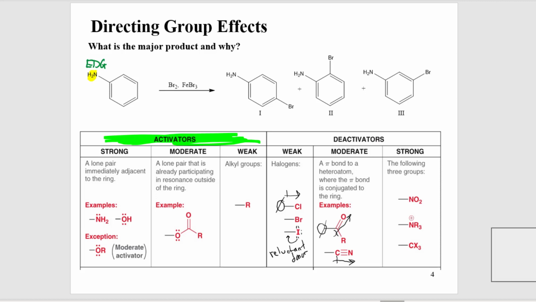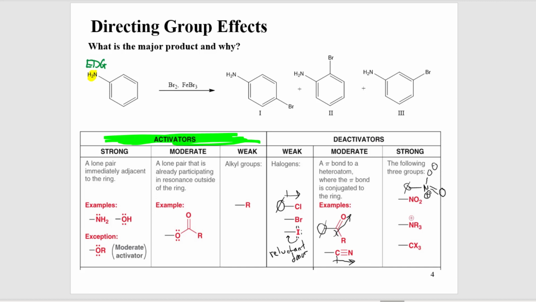Now, NO2, don't be fooled. Remember, a nitro group is an O-. The N is double bonded to an oxygen. The nitrogen is plus. We don't write the plus charge, but NO2 is an N plus O-. Overall, it's neutral. But take a look at that nitrogen. It's plus. It does not have a lone pair.